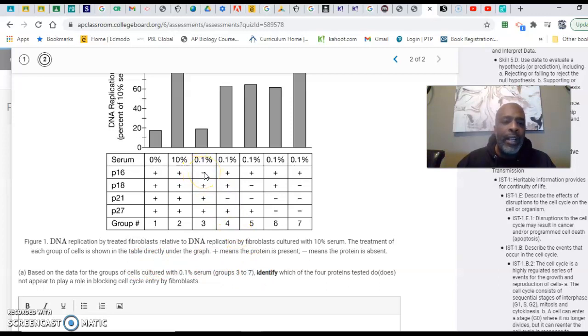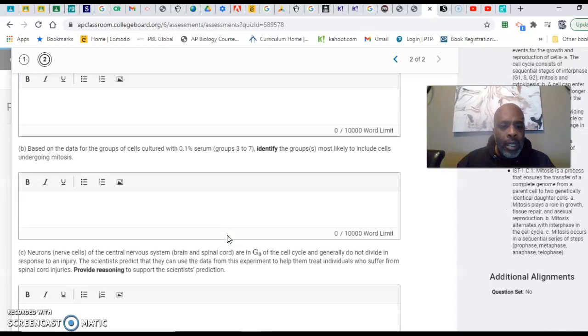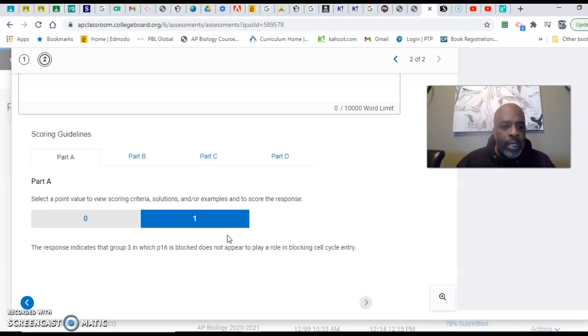Here is what the normal cell looks like when starved of serum in the G0 phase, and without P16 it's just how it normally is. So this protein is not playing a role in blocking cell cycle entry by fibroblasts. I think that's how I would interpret that.